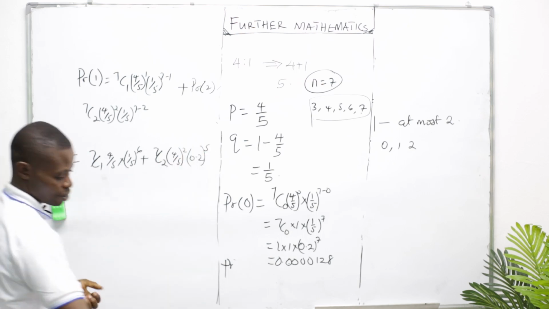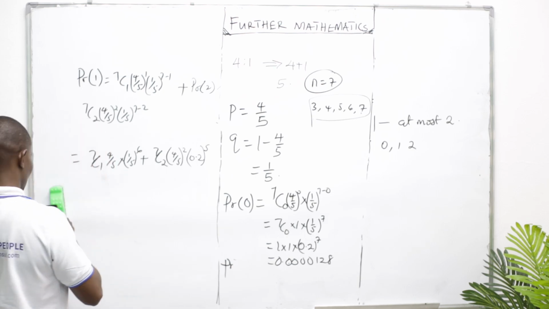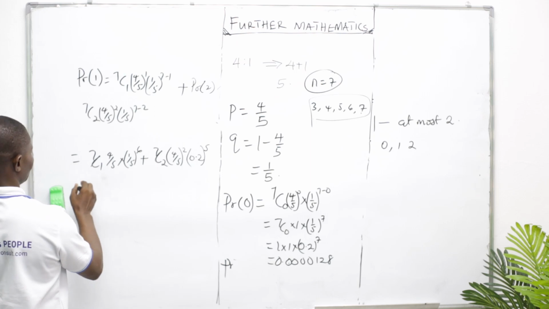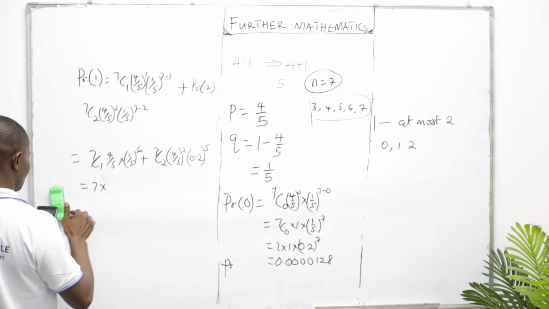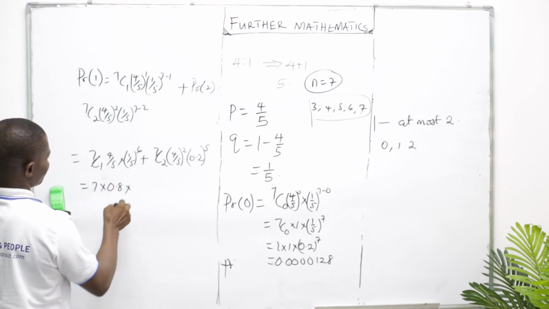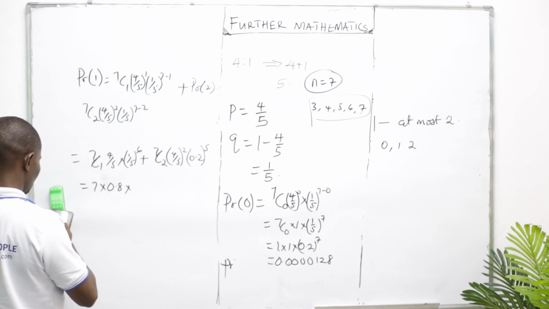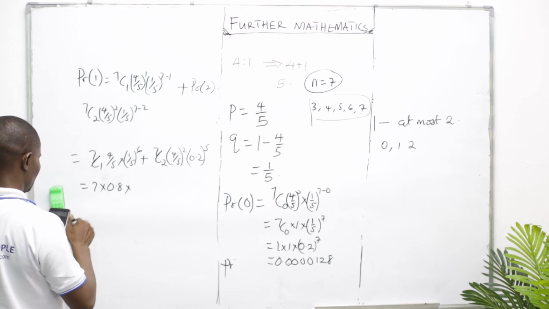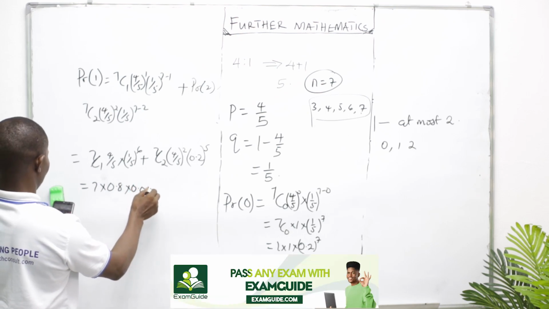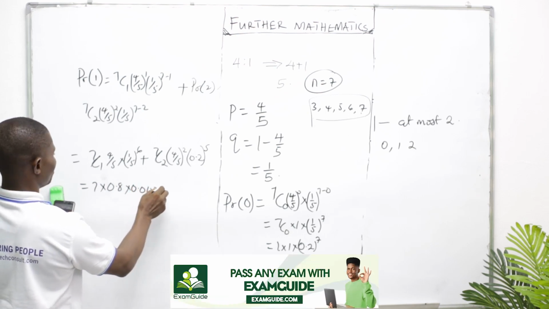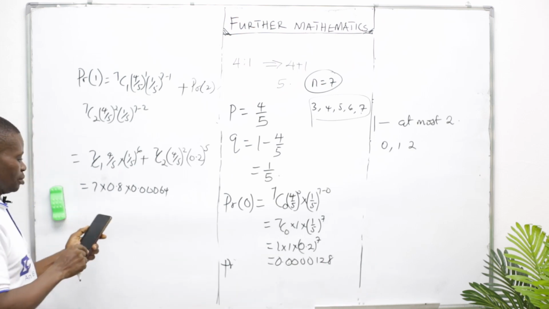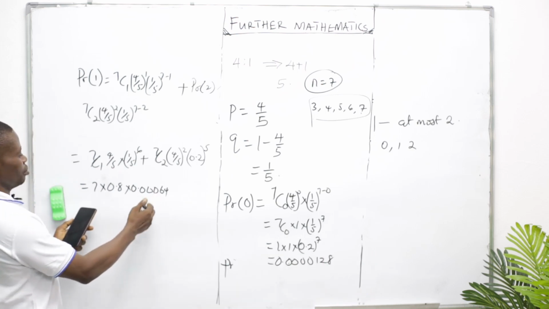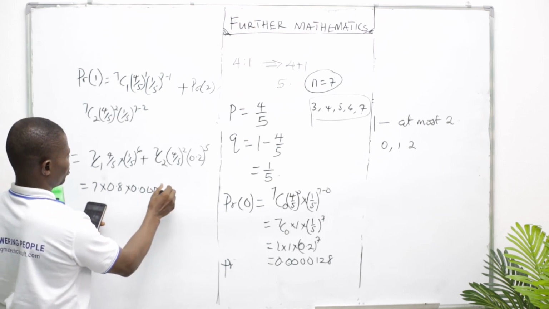Let's interpret. 7 combination 1 is 7. 4 over 5, 0.8, times 0.2 power 6, 0.000064.